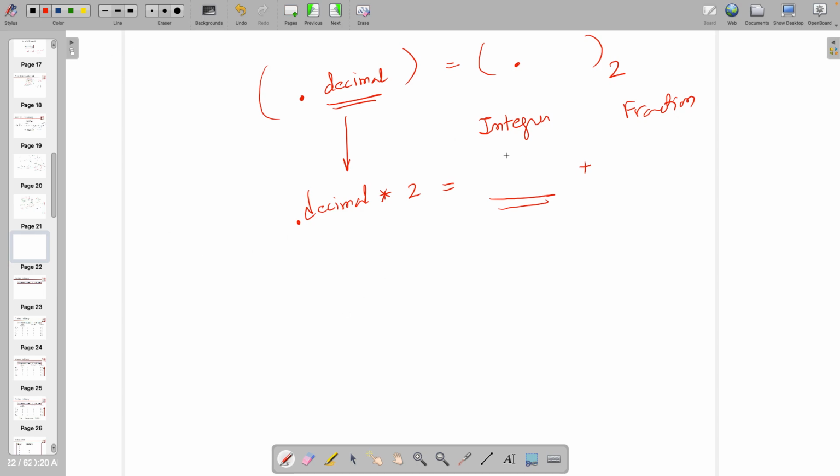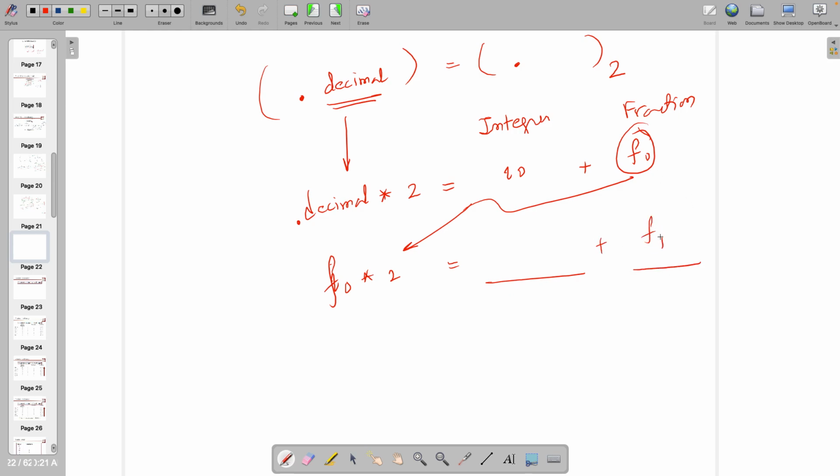So whatever with the first iteration, you keep it here, let's say F0, the fraction, has to be multiplied with 2 and so on and so forth. You can find out some numbers. Each one of them is going to be given some value.